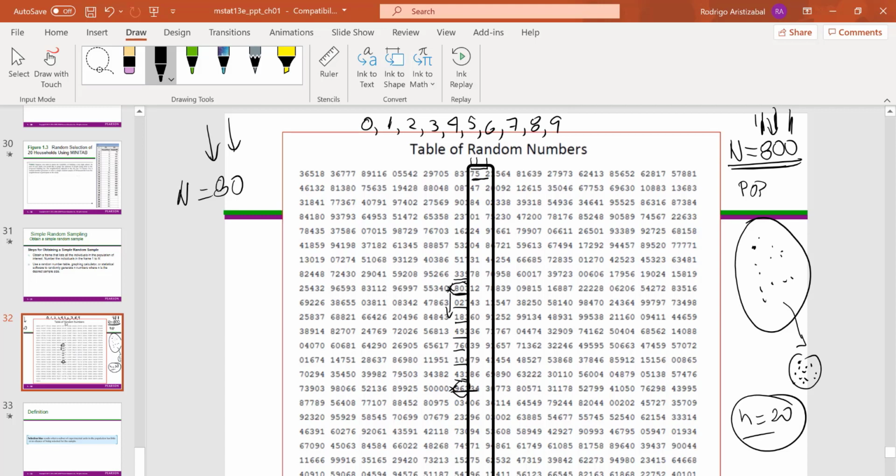Then we are going to continue with the item number 752, and we will continue down in this way to obtain 20 observations or 30 observations or whatever number of observations. This is the most common way that a statistician and a computer generate random samples.